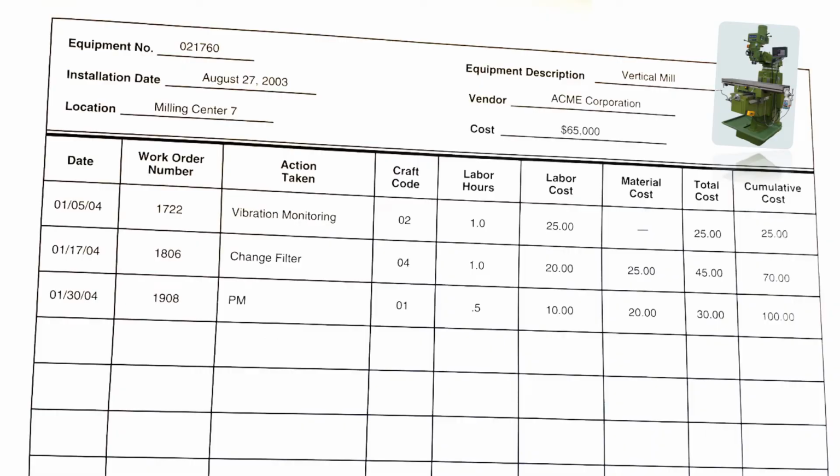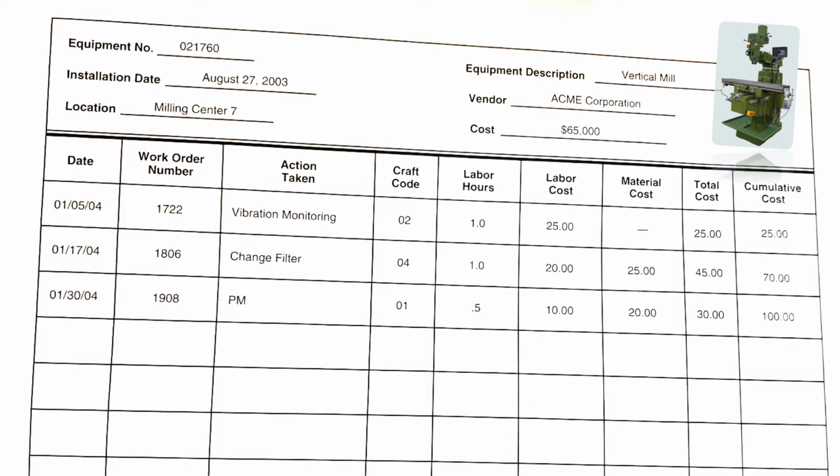So zoom in, and when you take a look, this is what is on that document. Here is the equipment number in that system, and it was installed on this date, and this equipment is at this location. What kind of equipment is it?